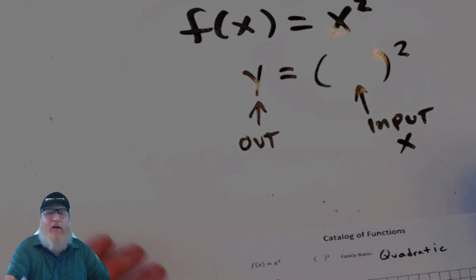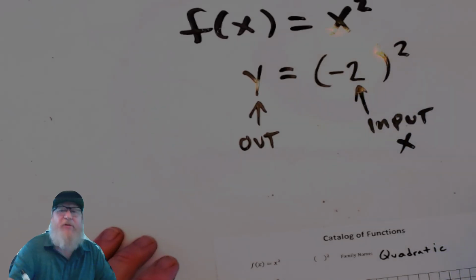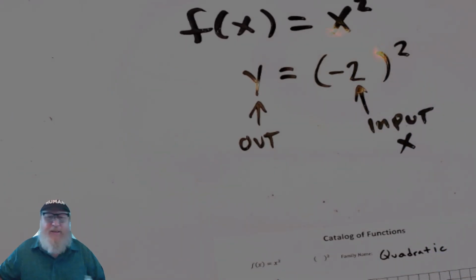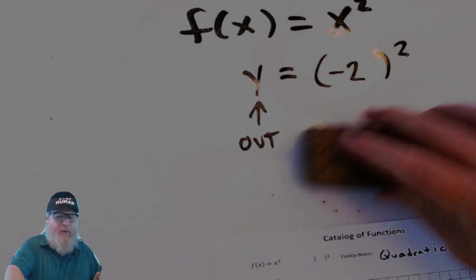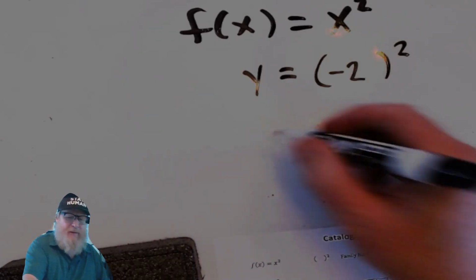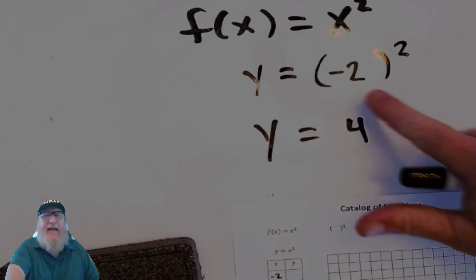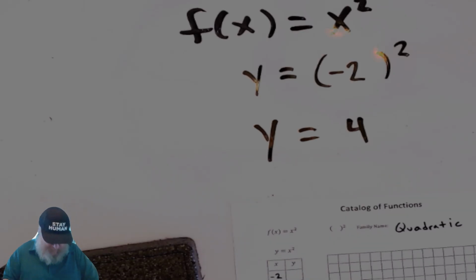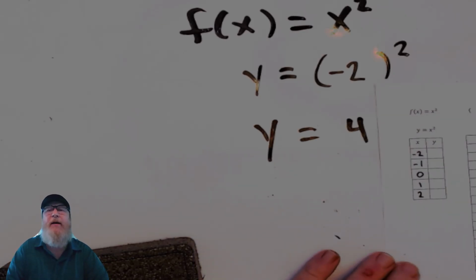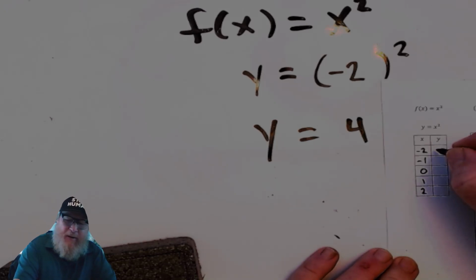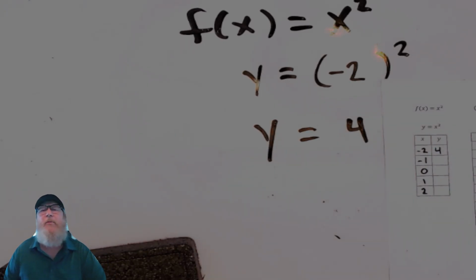All right, so our first input is negative 2. That's our first input, and then our output will be y equals 4. Yeah, negative 2 squared is 4. So on my table here, the y value will be 4.